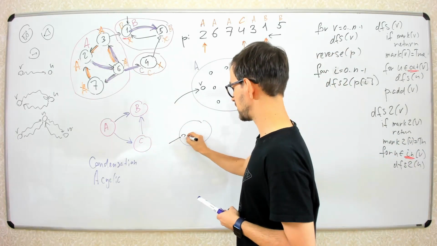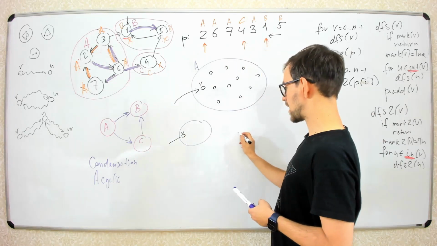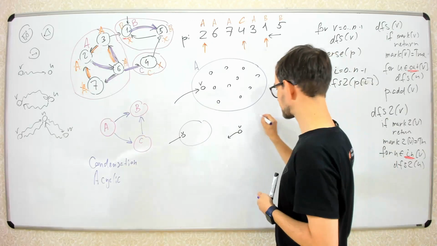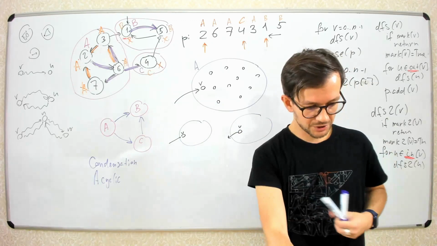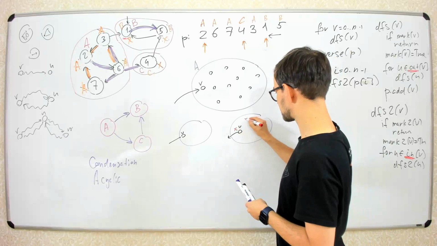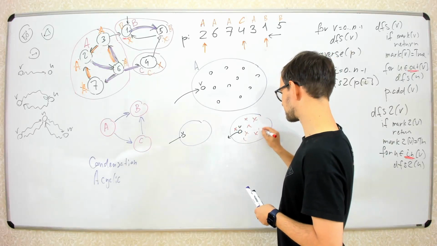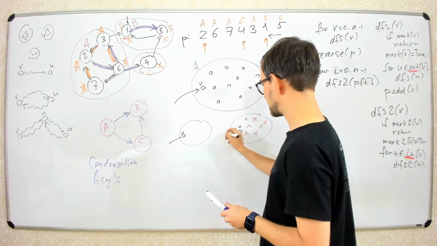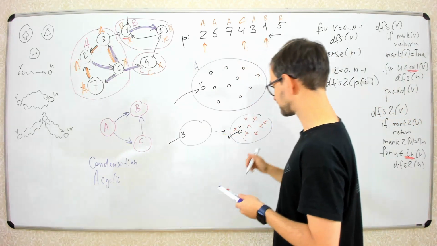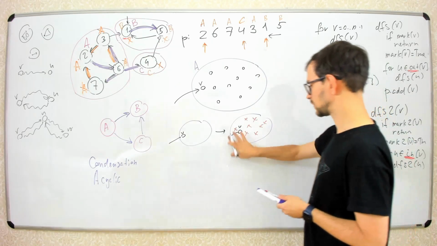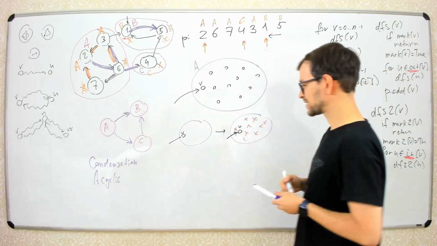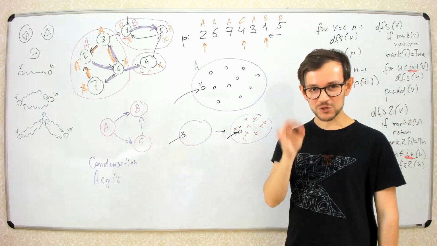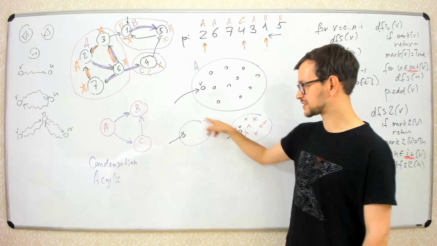You enter some node V. When you exit this node V, when you finish this DFS, all the nodes here will be marked. Again, this V is the first node you enter when you enter this strongly connected component.